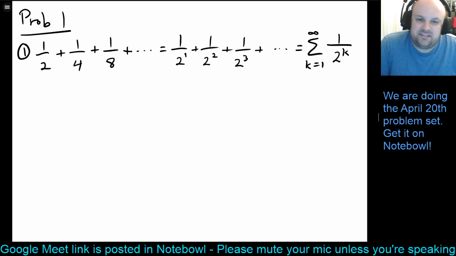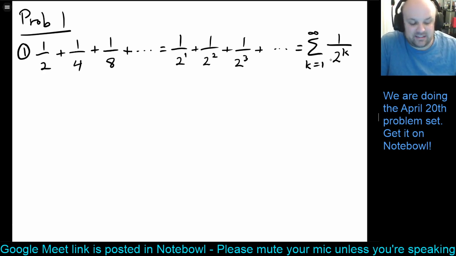Now, to find the sum of a geometric series, we need it to start at 0, not at 1. So we did a technique in the lecture videos where we sort of added in the k equals 0 term, but then subtracted it back off outside, and then did the arithmetic from there. And that's perfectly fine. That will always work. I want to show you a slightly better way to do that.